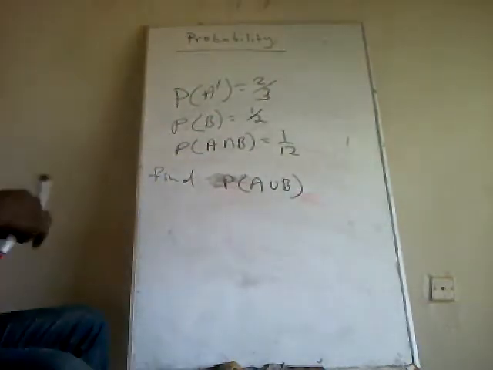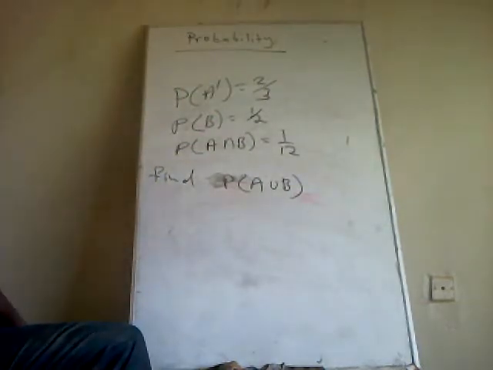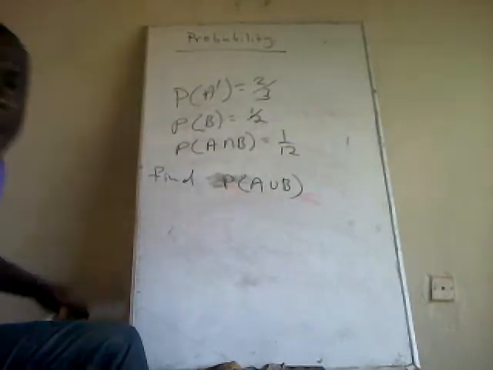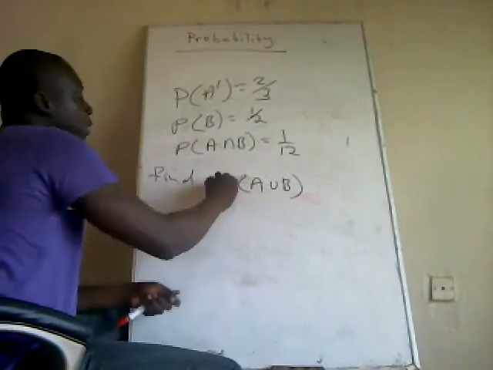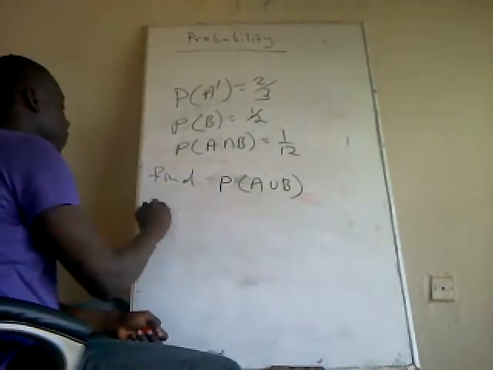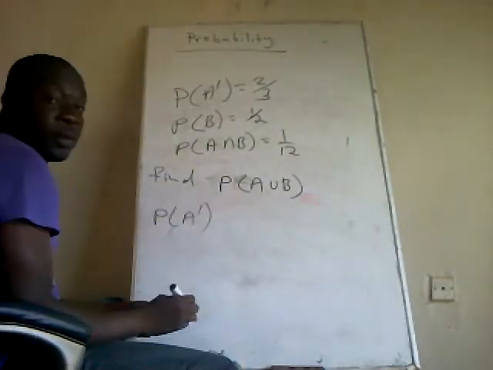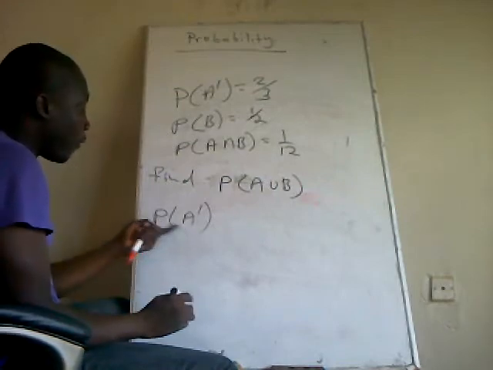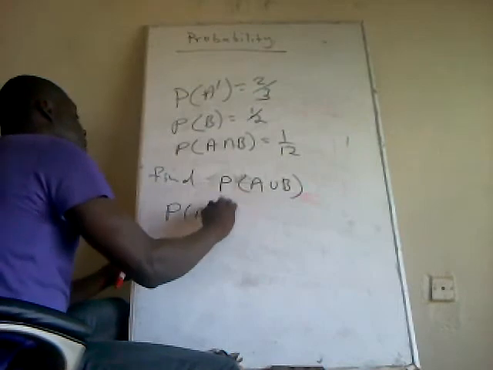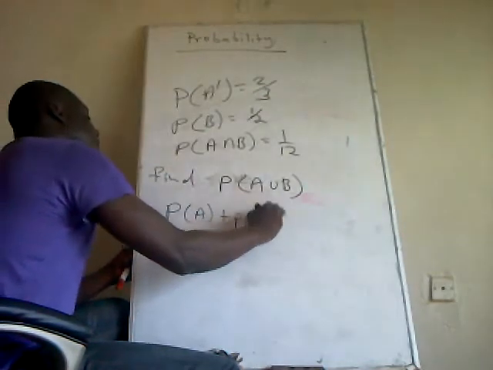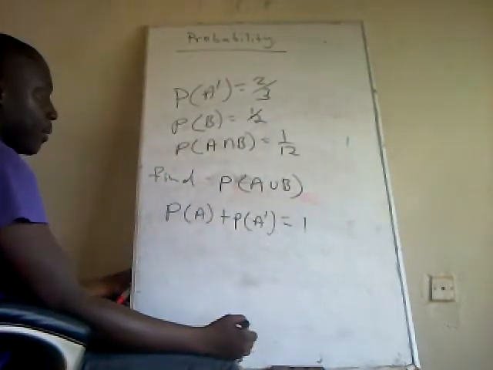Now, looking up there, what is not familiar? What is not familiar is P of A prime. But we know that probability of A plus probability of A prime is equal to 1.